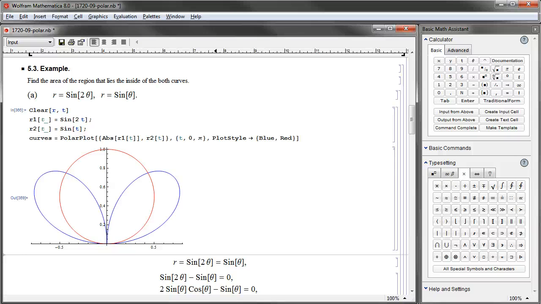And the region inside both curves, well, there are two of them, one in the first quadrant and the other in the second quadrant. And of course, clever students will calculate only the one in the first quadrant and simply double it.